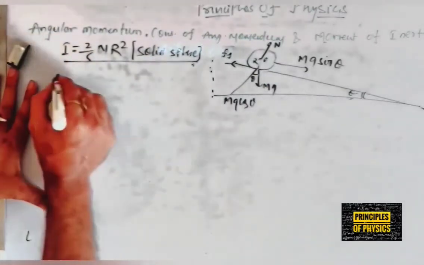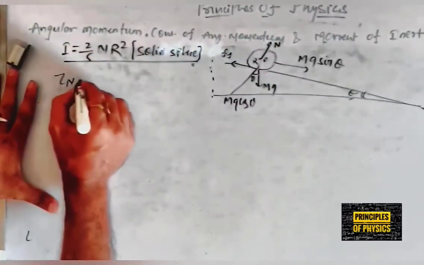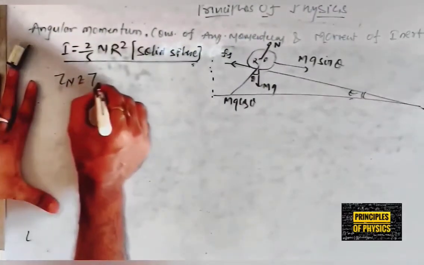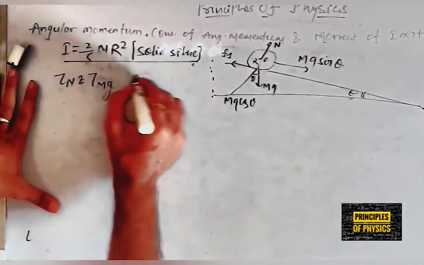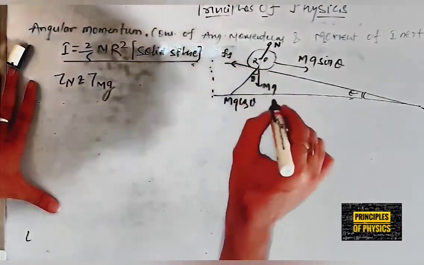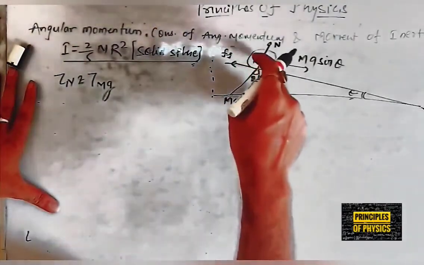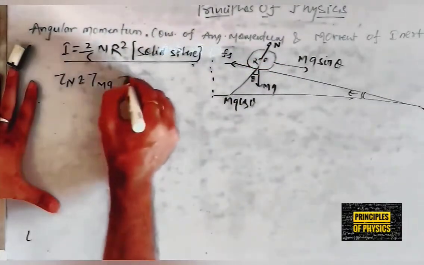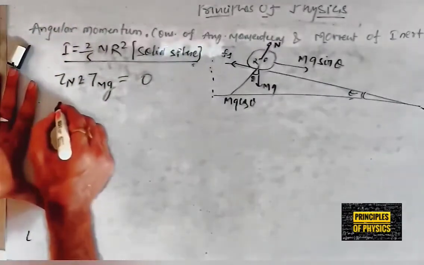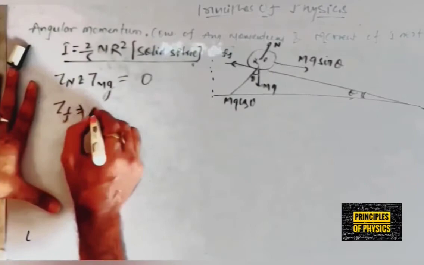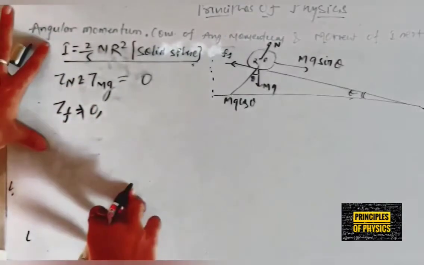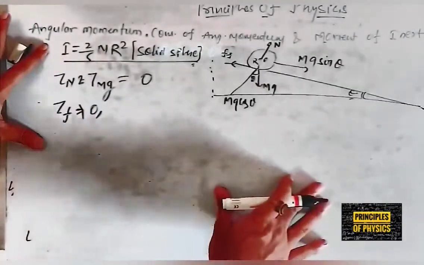So torque due to normal and torque due to weight, mg, act at the same point. At that point we have taken the origin, so that must be 0. So only due to the frictional force will torque come into existence. So we will be using this point in our calculation.